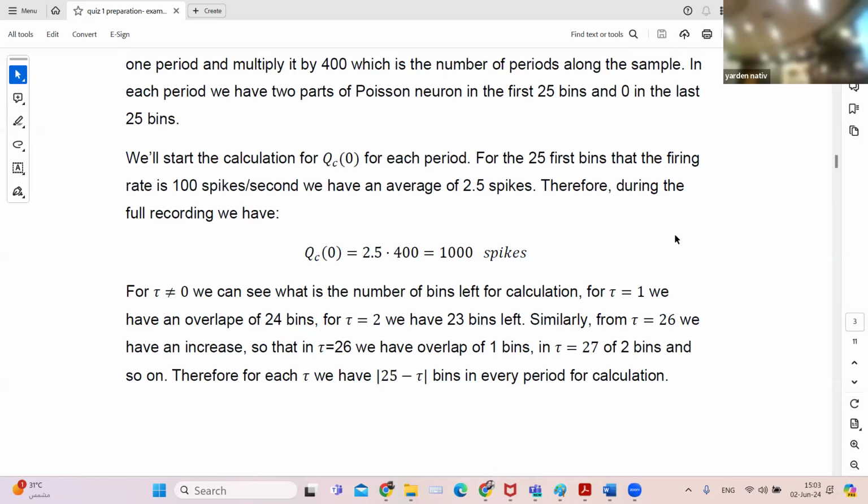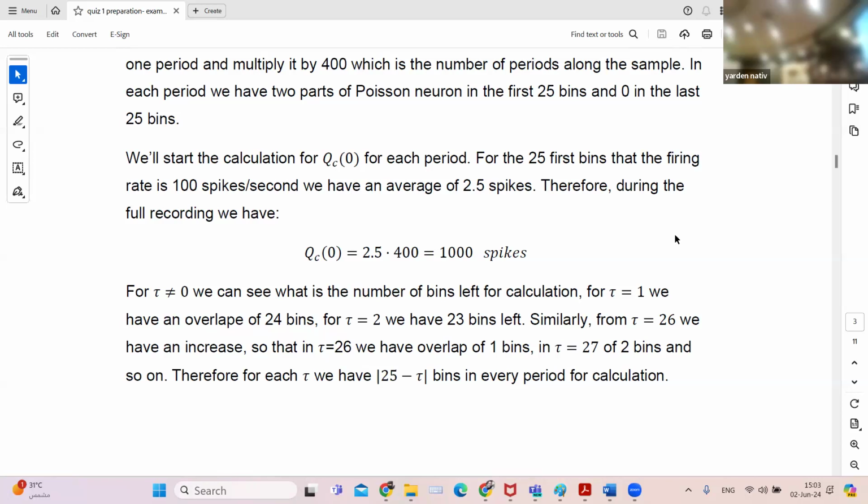It's just to convert the units, right? It's like 0.1 times 0.1, times 25 of them, times 400.